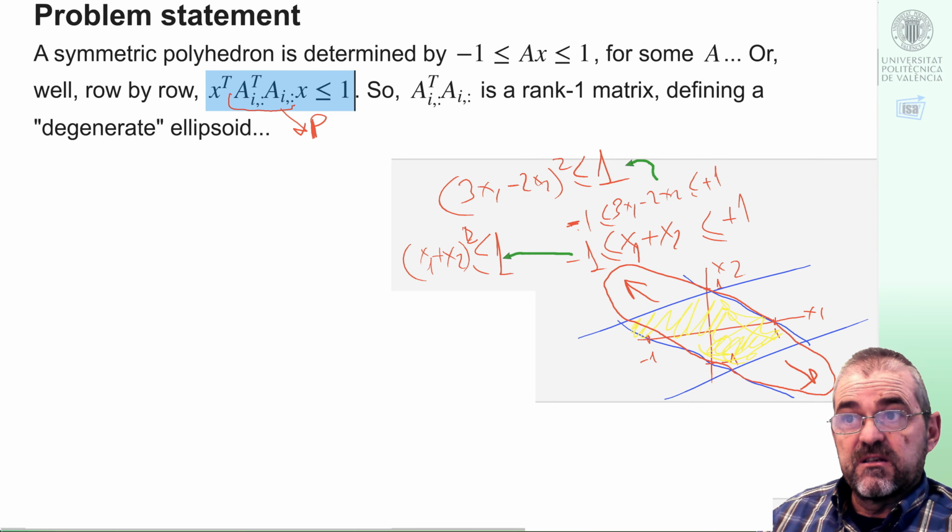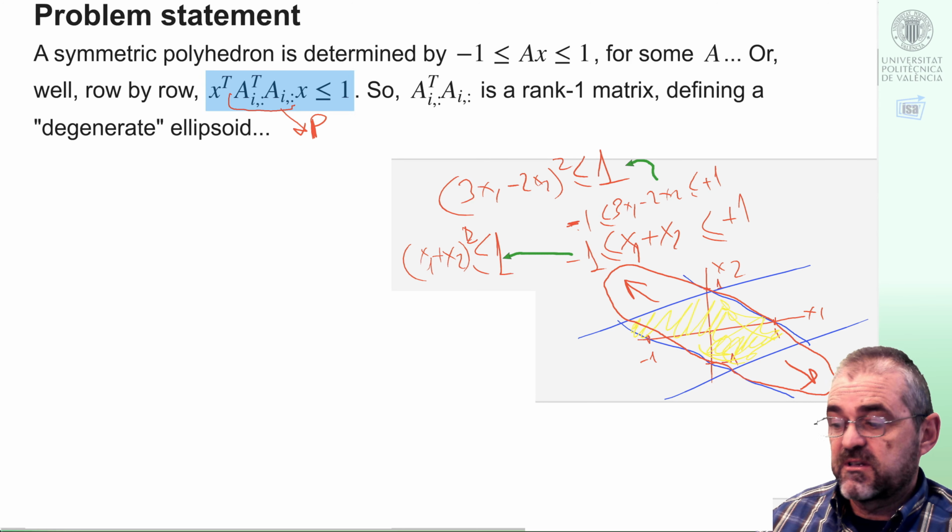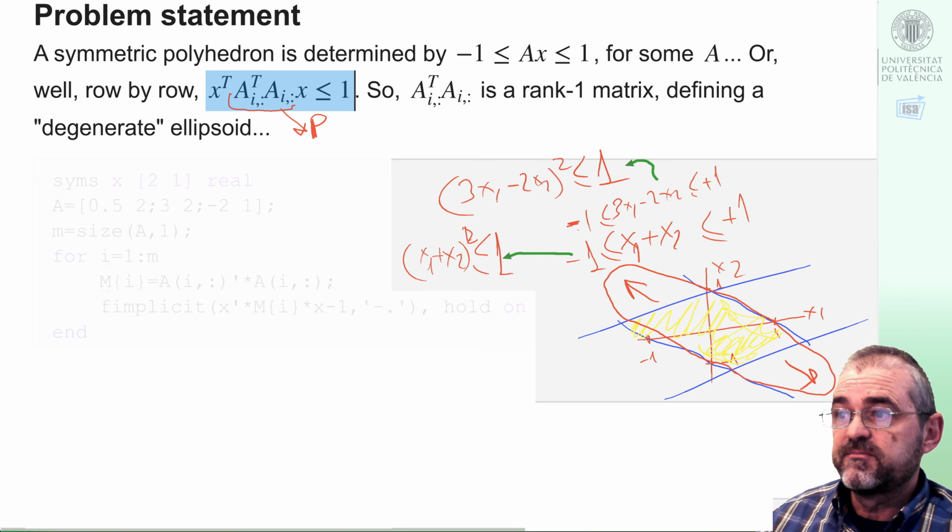So we are changing linear inequalities by quadratic inequalities and saying that linear bands are just infinitely long ellipses in one direction. So we will use quadratic inequalities in x everywhere.